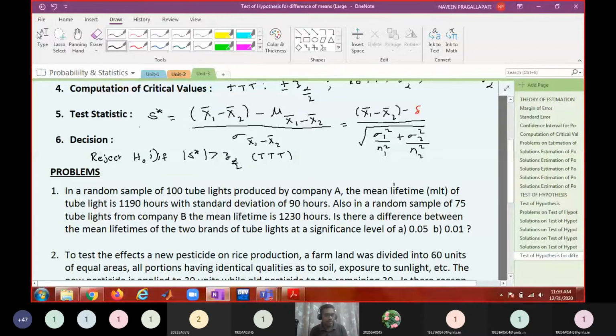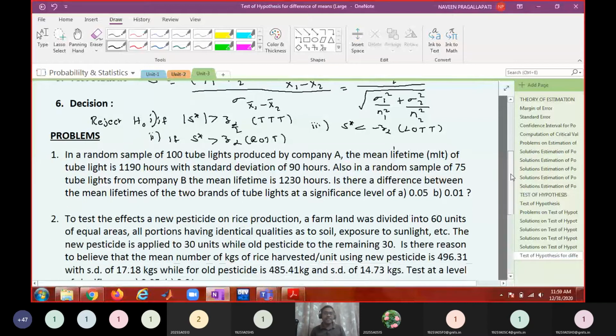In case of a right one-tailed test, S star greater than Z alpha. In case of a left one-tailed test, S star must be less than minus Z alpha. That's it. Otherwise, you do not reject the null hypothesis.